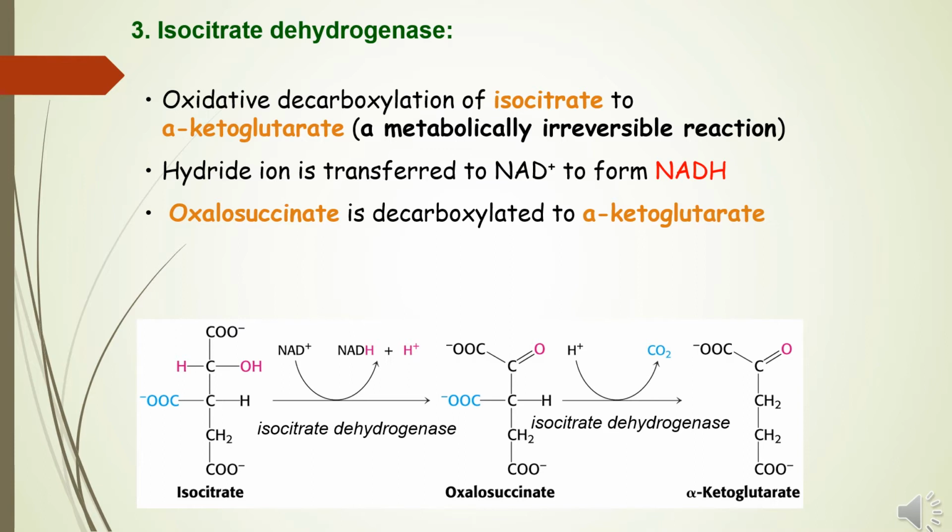Then oxalosuccinate undergoes decarboxylation, where carbon dioxide is removed, and then finally rearrangement of the enol intermediate of oxalosuccinate to generate alpha-ketoglutarate.